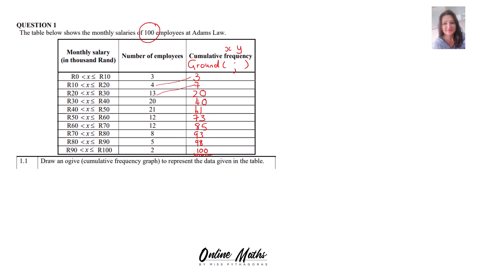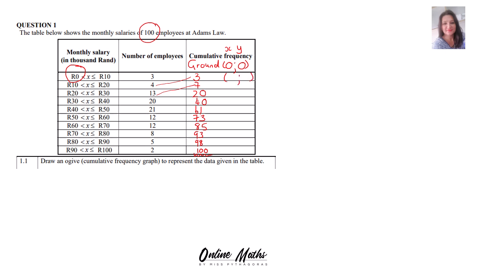The y is always 0, and the x coordinate of your ground coordinate is always the very first number that you find in your interval. So in this case it's the point 0, 0, but be careful, it's not always the point 0, 0.